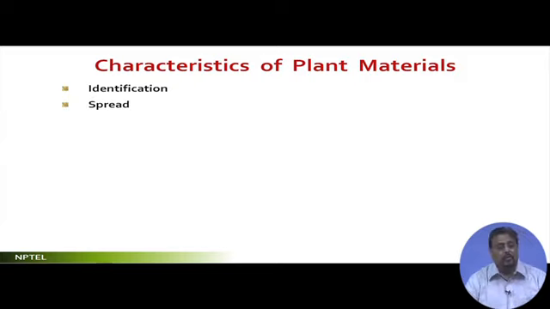Then comes spread. Identity is the first, but the other items which are coming do not come in the order of priority in my list, but I will discuss spread.